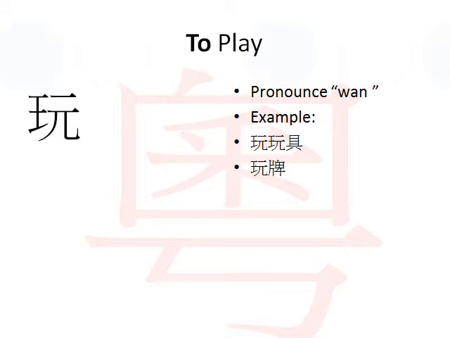For the verb to play in Cantonese, the pronunciation is wan.